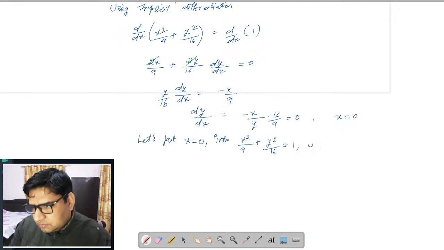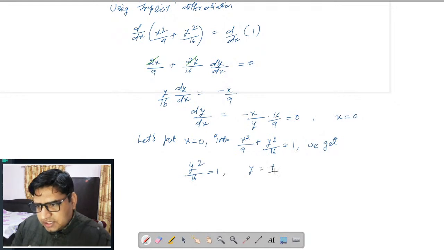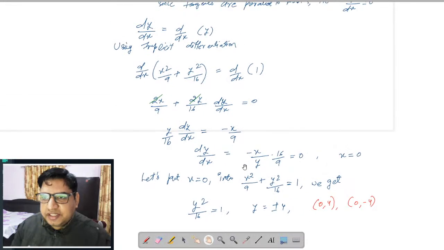We get y square upon 16 is equal to 1, so y is equal to plus minus 4. So for x is equal to 0 we get 2 points: 0 and plus 4, and 0 and minus 4.